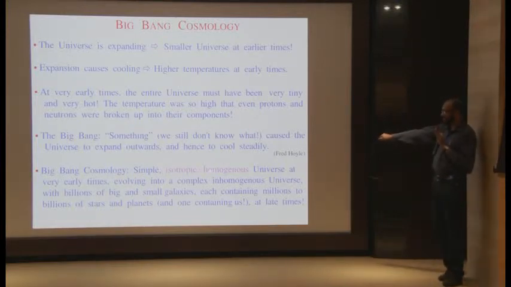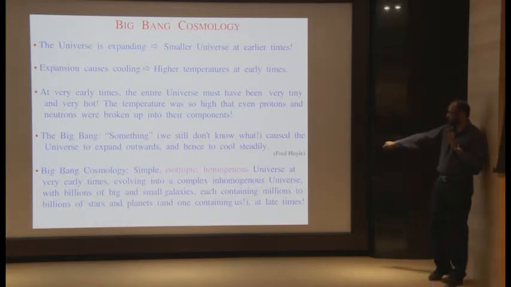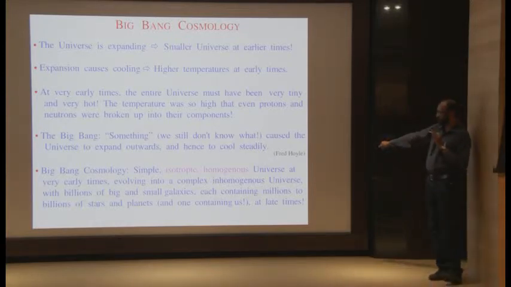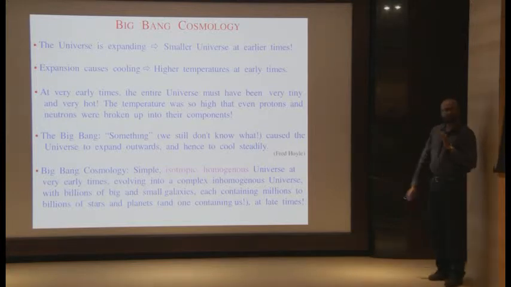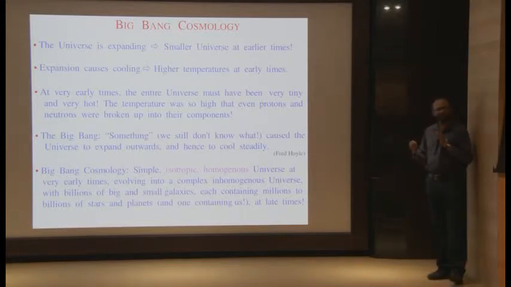And this same universe, expanding outwards, evolves into an extremely complex, inhomogeneous universe with billions and billions of huge galaxies. Each of them contains millions of stars, and of course, one of them contains us at very late times. So that's the picture we have in the Big Bang cosmology.